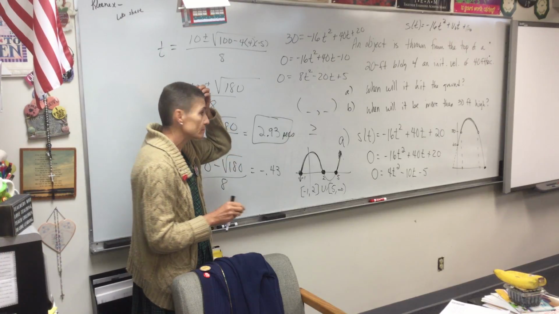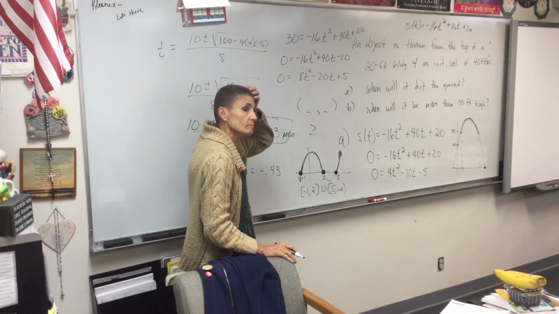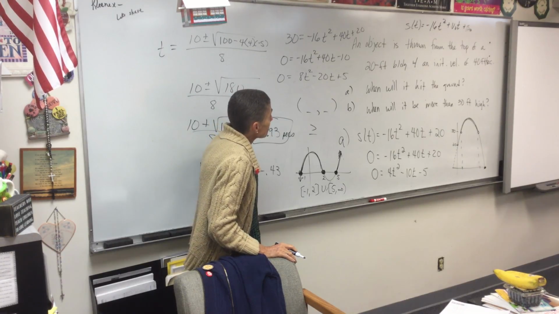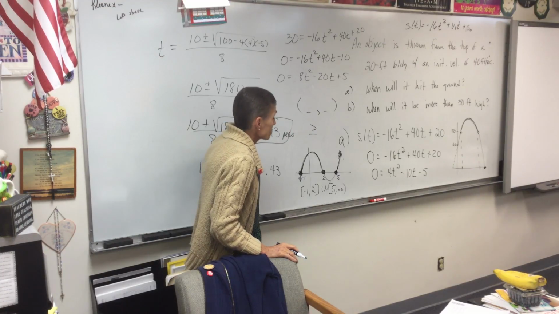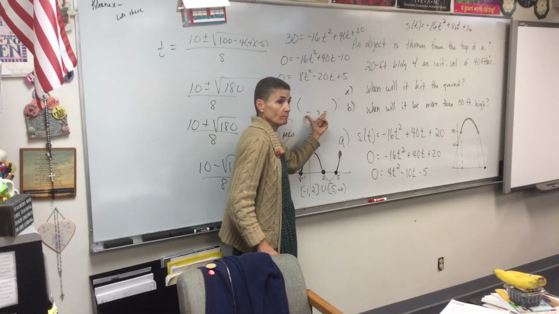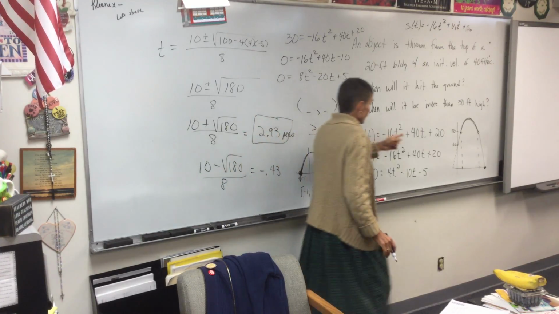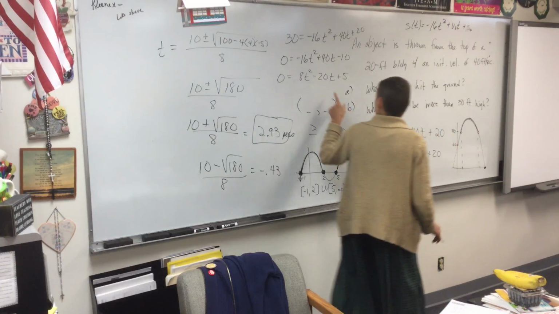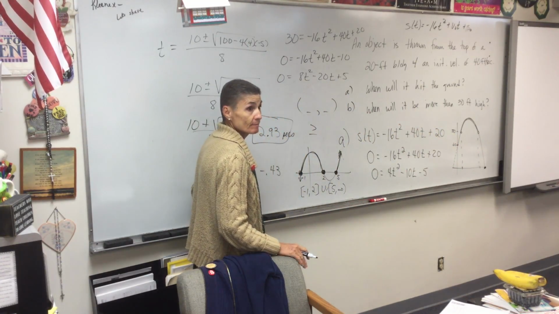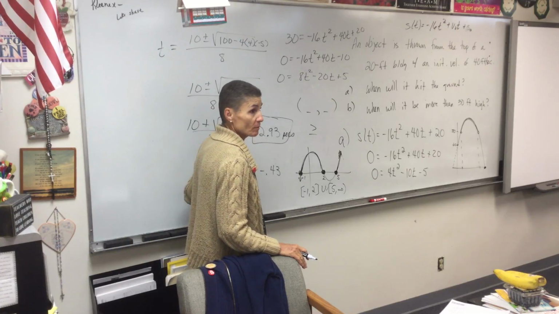This is back to the other one on the right side about the object thrown from the top of a 20-foot building. I was asking about, for the part where it says more than 30 feet high, how would you write your answer for that? It would be the open interval when you solve this equation right here, which I didn't solve because nobody was paying attention to me when I was doing this.